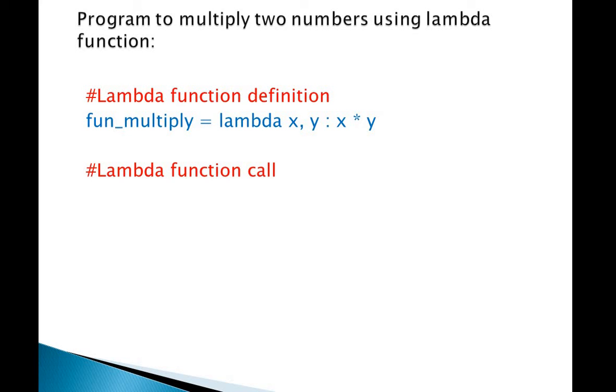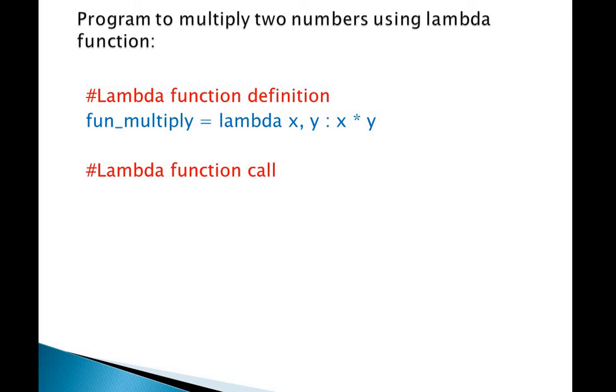Lambda is the keyword, then we have the list of parameters, presently x and y, colon, expression containing multiplication of these two variables. We are not using a return statement. Automatically the value corresponding to this expression will be returned, and we are assigning this lambda function to a variable, and the name of the variable is fun multiply.